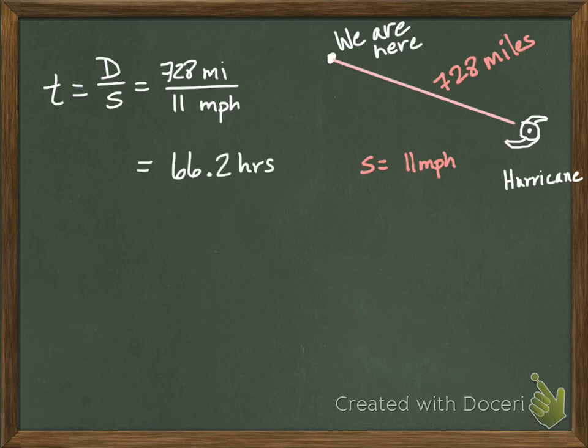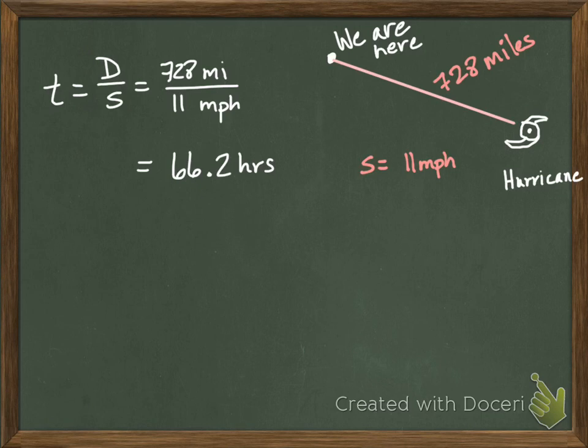Okay, so 728 miles seems like a pretty far away. Like that seems like a pretty big distance, except that if something's moving at 11 miles per hour and it's just keeping on going and it's just going and going and not stopping, then it ends up not being that far away. So if it's that far, going 11 miles an hour, that works out to 66.2 hours.